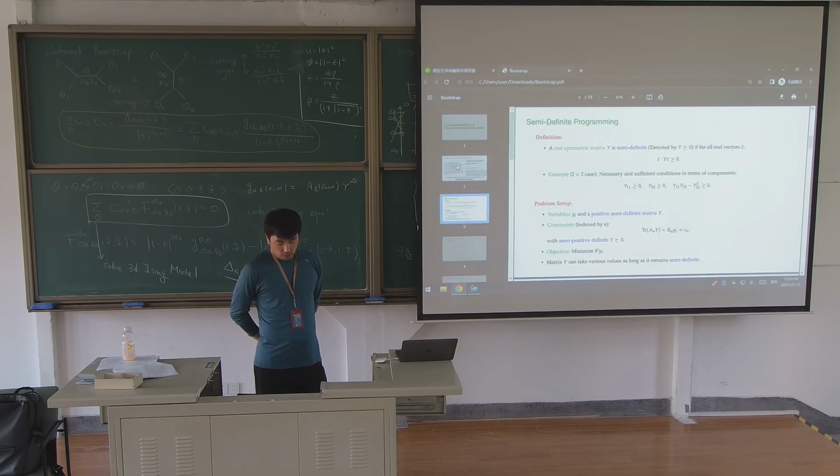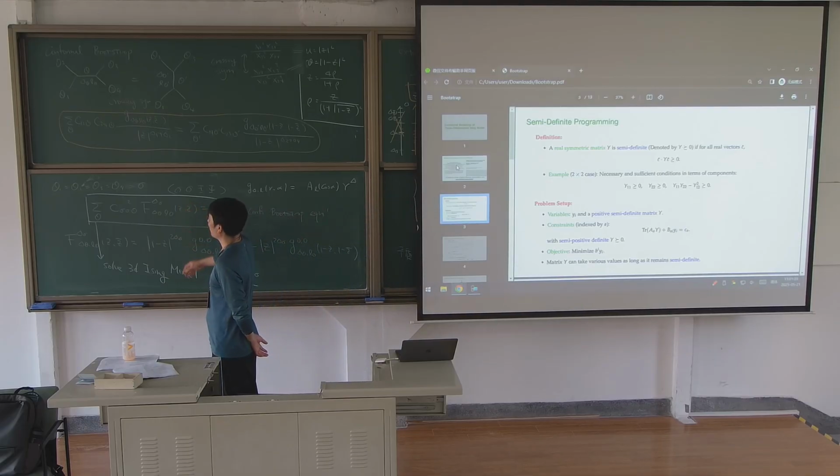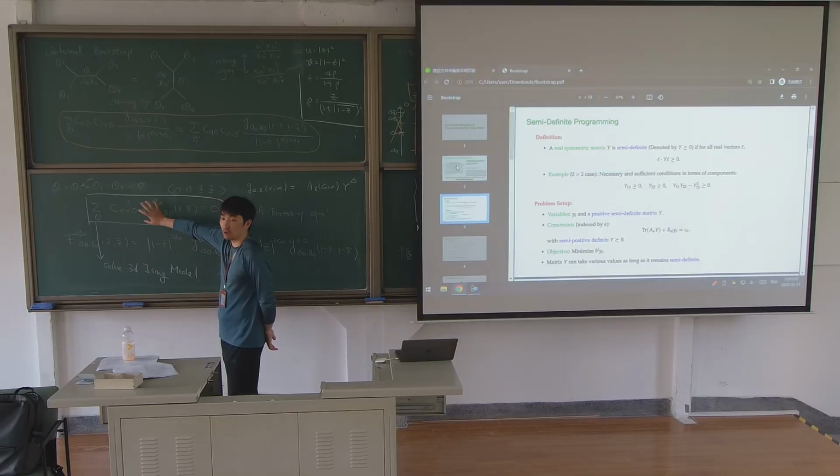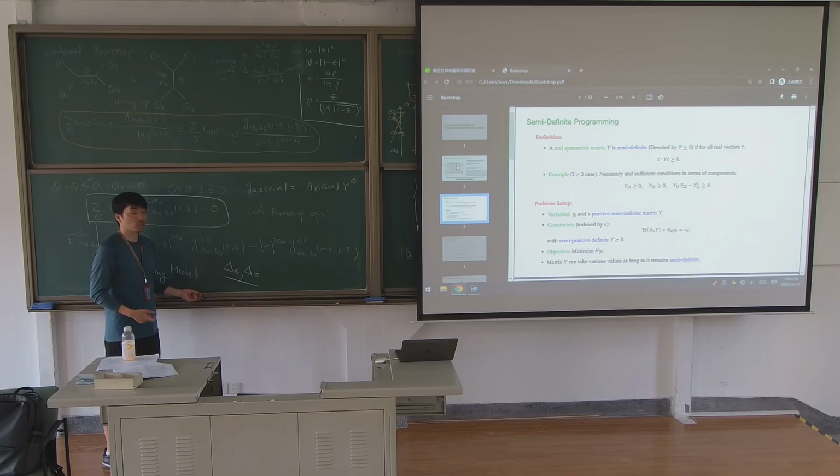The first one: as I mentioned in the first half of the lecture, you can use the conformal bootstrap equation to give constraints on the OPE coefficients and also the conformal dimensions.